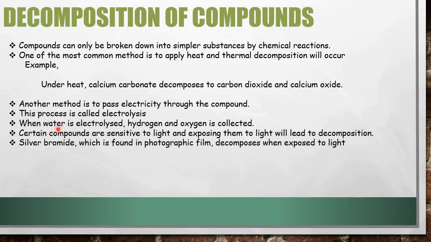If you separate the H2O, it will give you hydrogen and oxygen gas. Certain compounds are sensitive to light, and exposing them to light will lead to decomposition. For example, silver bromide, which is found in photographic film, will separate when exposed to light into silver and bromine.